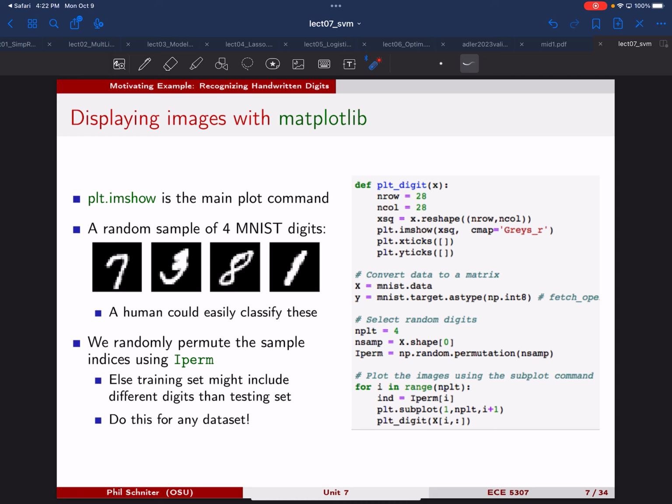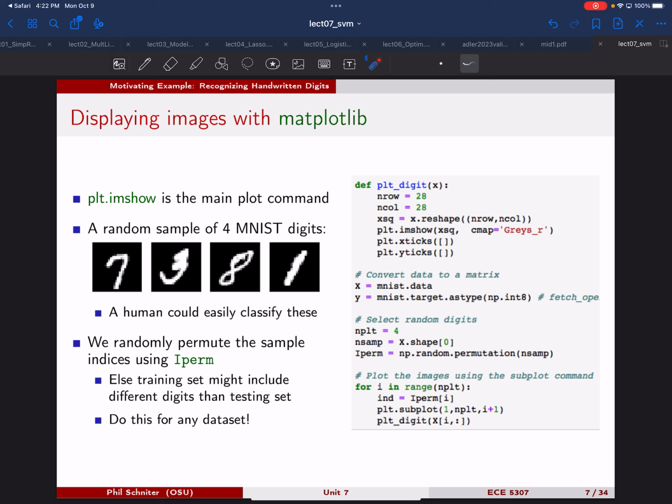Something interesting or important with this data set is, I think if you don't shuffle the training data, it's organized by all the images of 0, 1, 2, and so on. So if you forgot to shuffle your data and you split it into training and test folds, it would be terrible because you would train on zeros and ones, and then you'd be testing on other digits and it just wouldn't work.